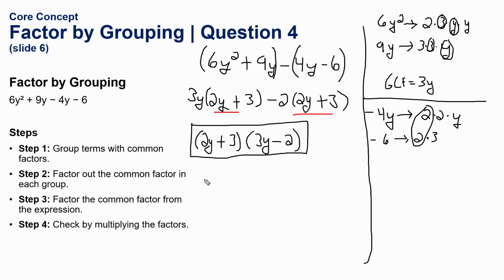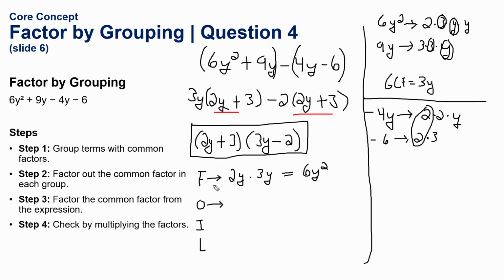Again, we can check our work using the FOIL method. So our first check is going to be the first two terms, 2y times 3y, which becomes 6y squared. That confirms this first term up here.